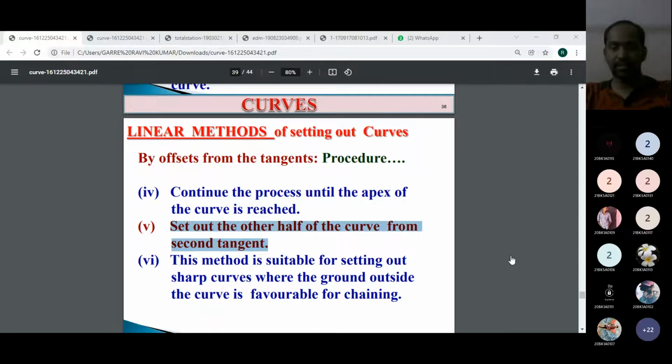Any doubts in curve setting? 121, are you there? 124, 125, 26, 29, 30. Any doubts in curve setting?